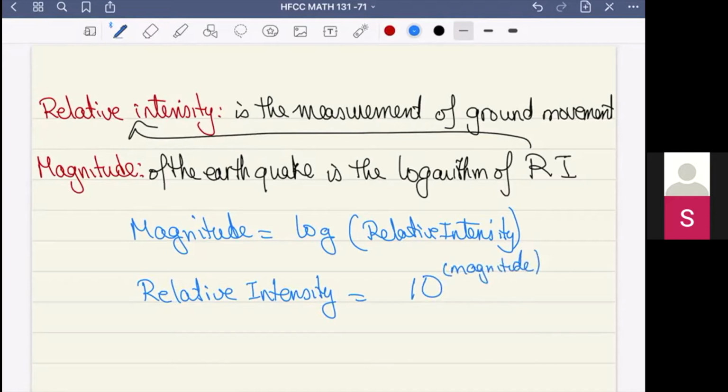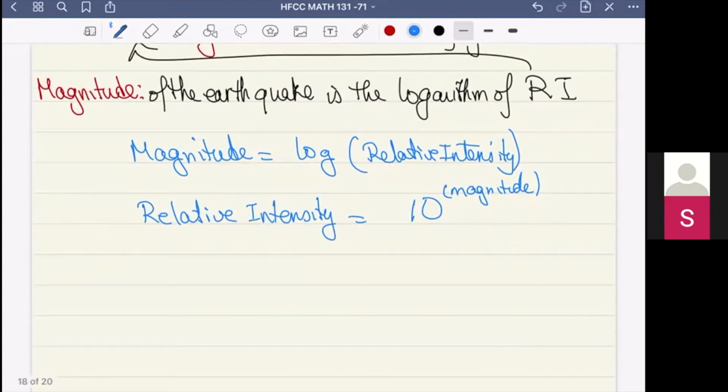Okay, so let's solve some problems on this. For example, we have an earthquake of magnitude 5.9 on the Richter scale. I gave you the magnitude. Find the relative intensity.